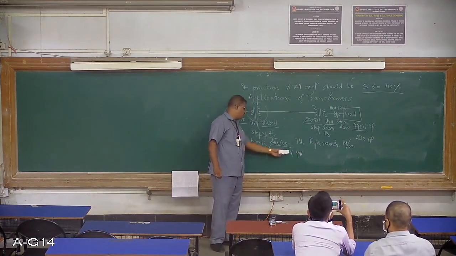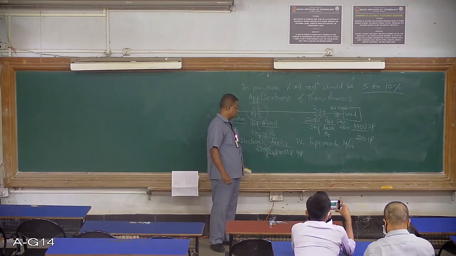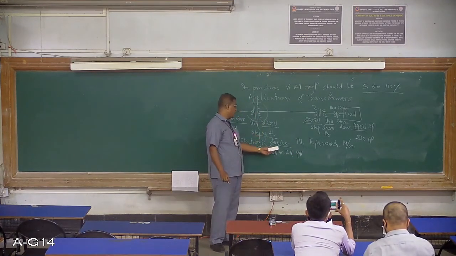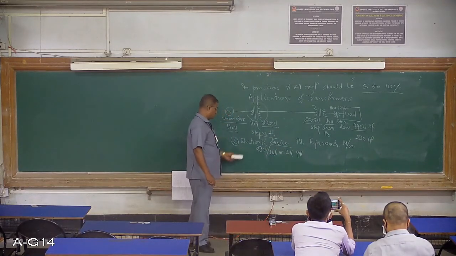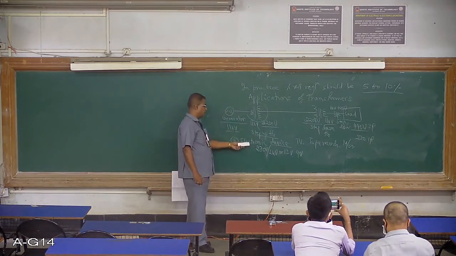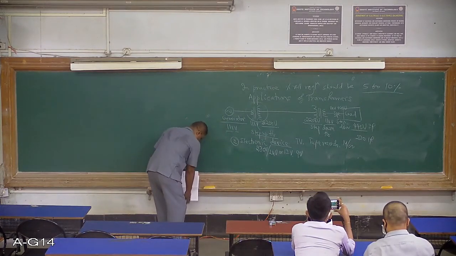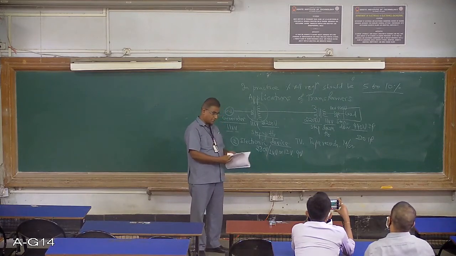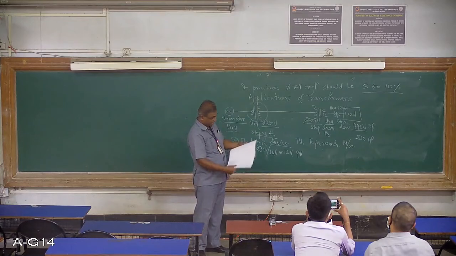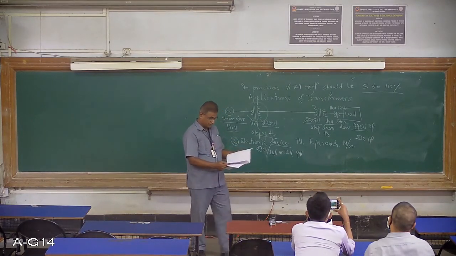So the reduction in voltage has to be done. So for that purpose, we use small step down transformers, very commonly in all electronic equipment. So that is another application of the transformers. Okay. So through the discussion of these applications of transformer, we have come to an end on the discussion on transformers.